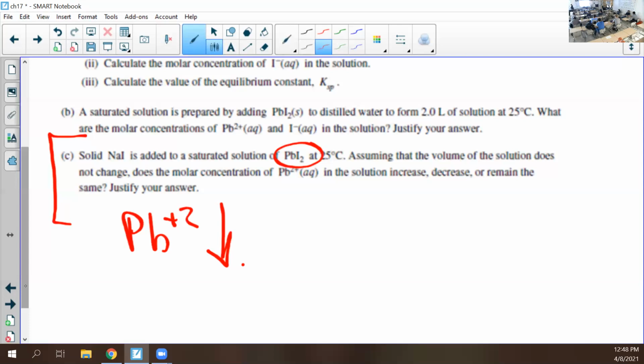If I put down by increasing the I minus, that's fine, that works. Put the word solid at the end, and then you're making more PbI2 solid.